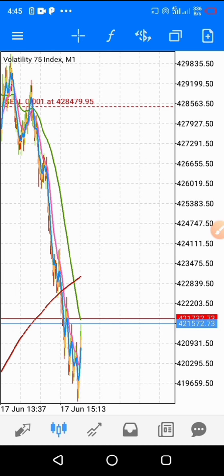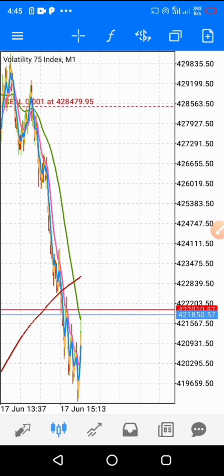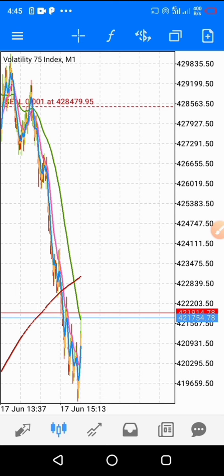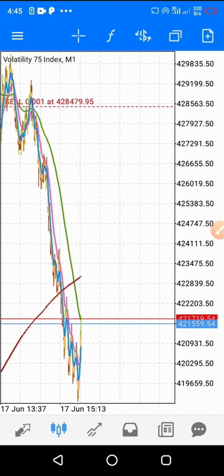Now, in that situation, let's imagine you win 5 times. Your risk level is $20 in total. If you lose all your trades, that means you have 20 times 0, which is 0.